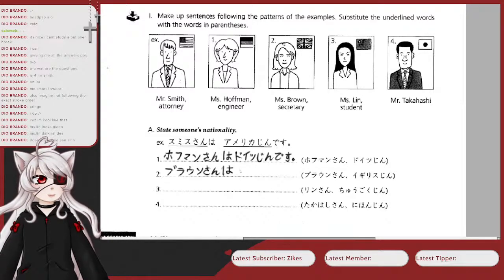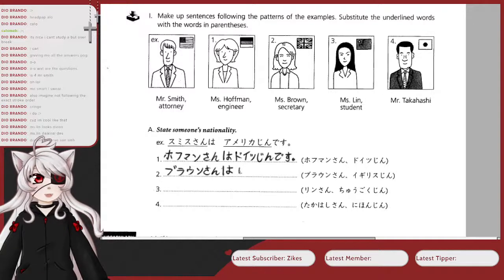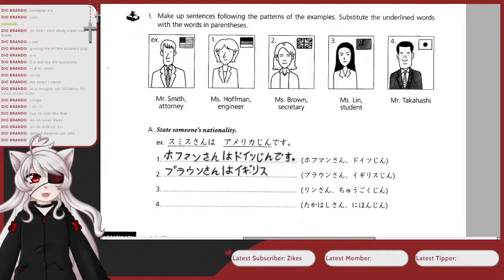And Mrs. Brown is a secretary, which I believe is again another English loan word. Oh no, wait, no, she's a... Igirisu.